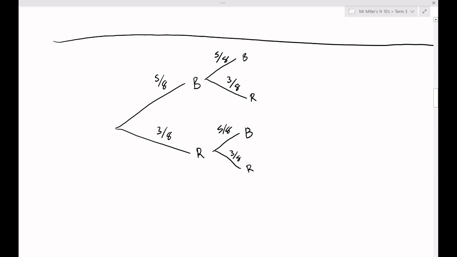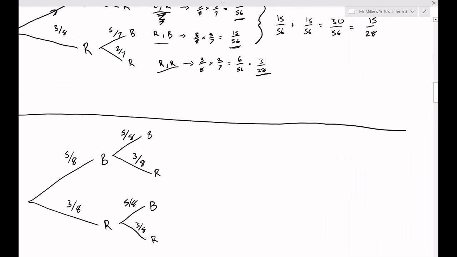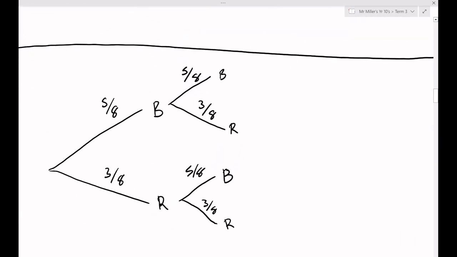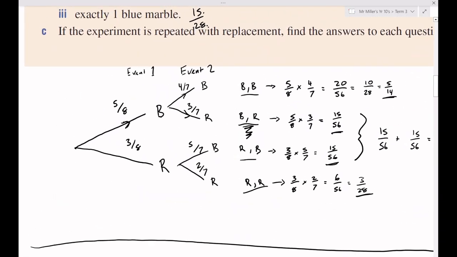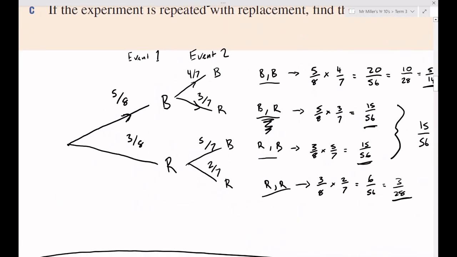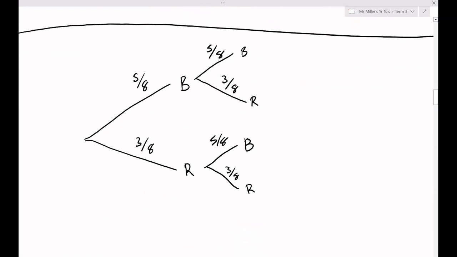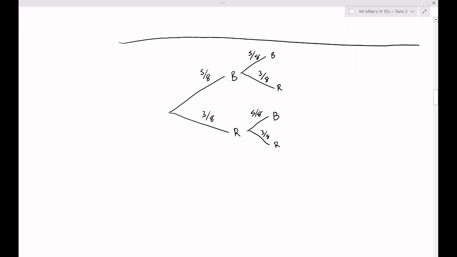So my marbles are in their original state from event 1. Probabilities are the same. So that's kind of an interesting thing. Without replacement, the probabilities change. Depending on what I pick in event 1, it'll affect the probabilities in event 2. But with replacement, our probabilities seem to be the same, right?